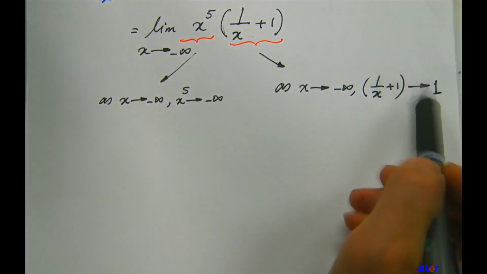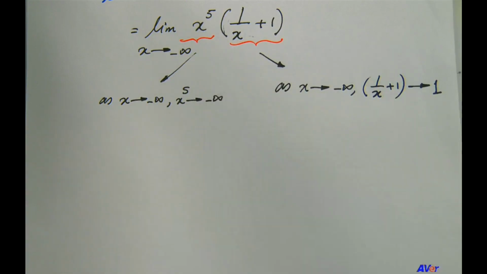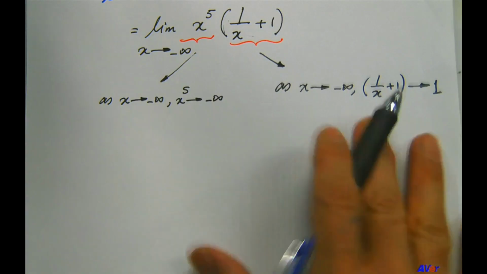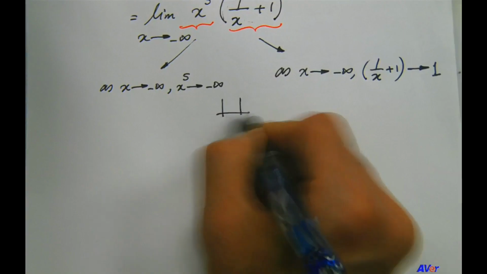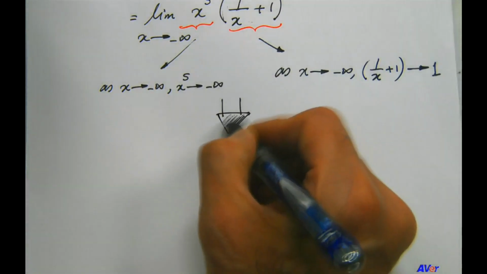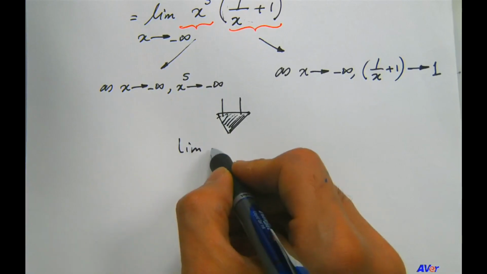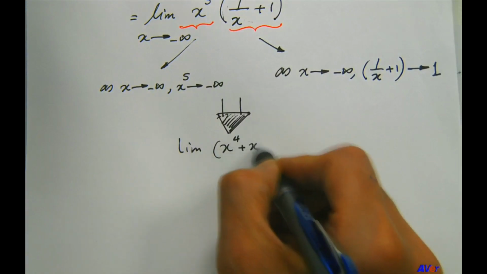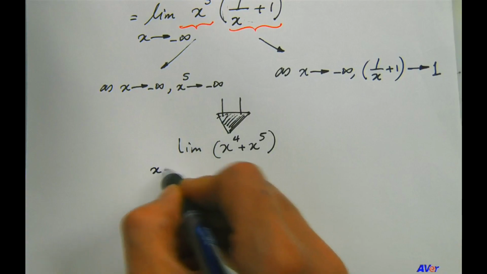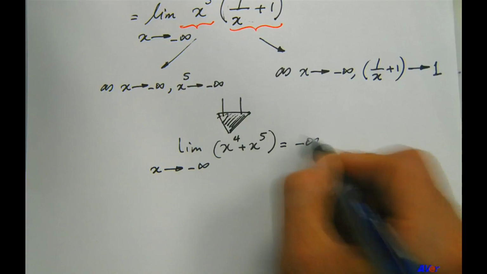Okay, so you have basically one factor approaching 1 and another factor approaching negative infinity. So the whole thing approaches negative infinity. So therefore, the limit of the original expression, which was x to the fourth plus x to the fifth, as x approaches negative infinity, is equal to negative infinity.